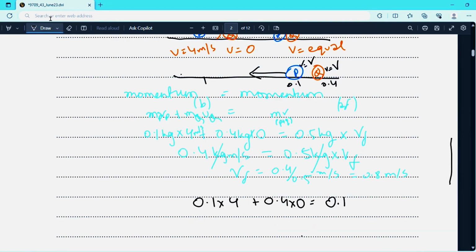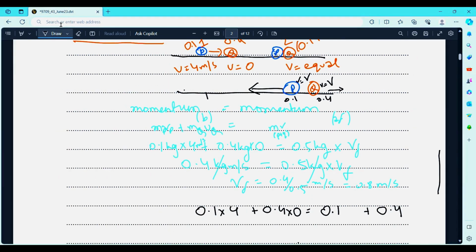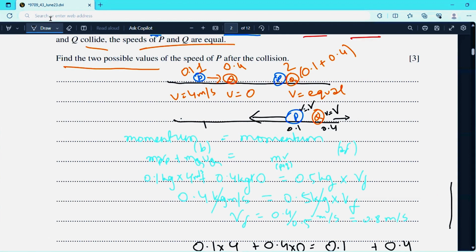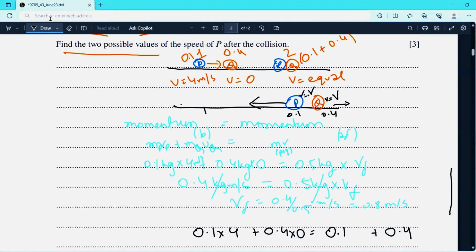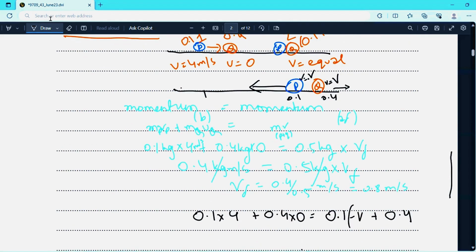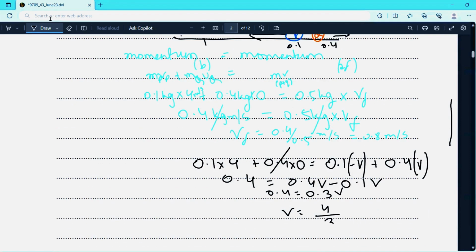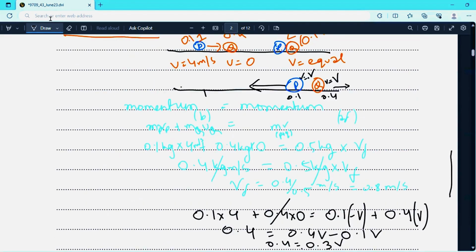So you have 0.1 and 0.4, and one goes to the right and the other to the left. The values of speed are equal, but their velocities will be different, because if v goes in the opposite direction, it will be negative v. So 0.1 into minus v, 0.4 into positive v. You cancel it out. We have 0.4 equals 0.4v minus 0.1v. So 0.4 equals 0.3v, so v equals 4 by 3 meters per second. So here are the two possible speeds of P and Q.